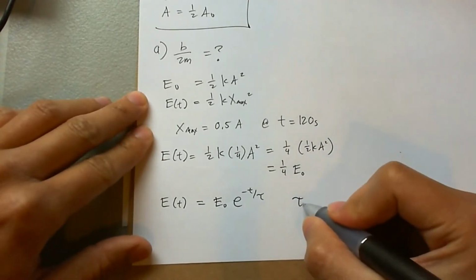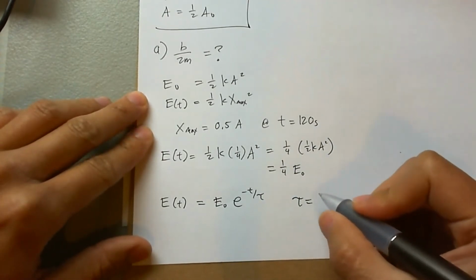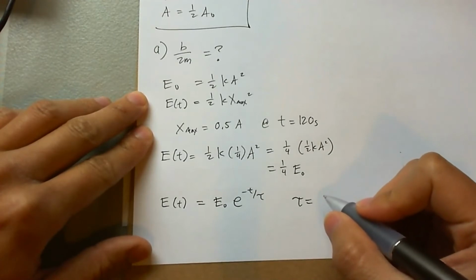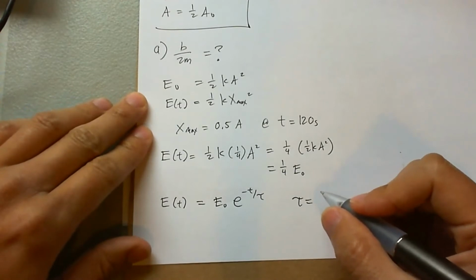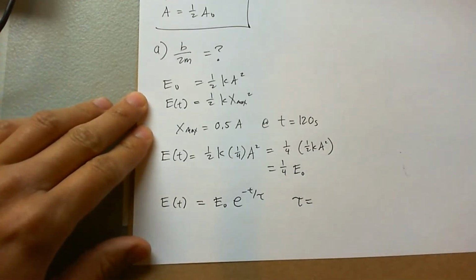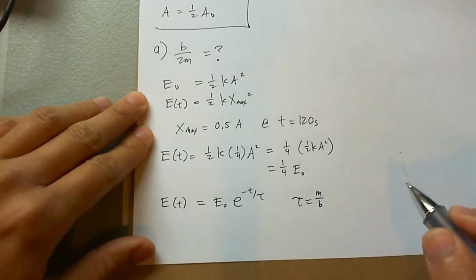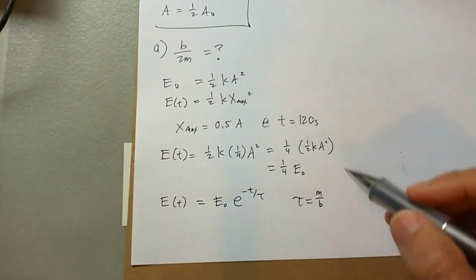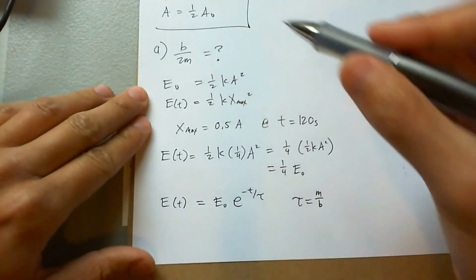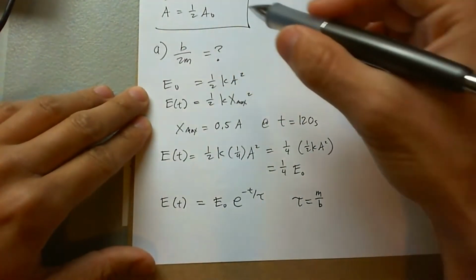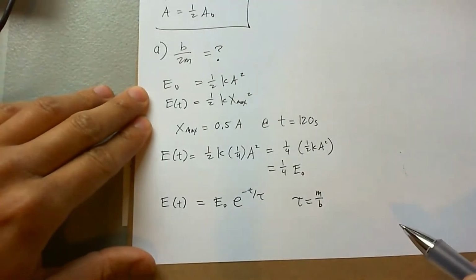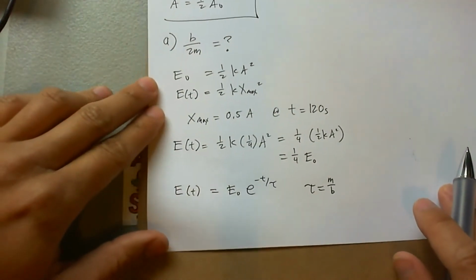And tau is a damping function similar to what they're asking for. Tau is equal to m over b. Sorry, I had to look that one up. So tau is equal to m over b, which is something similar to what we need to find here. So finding tau would help us find that eventually. Let's go ahead and solve for tau.